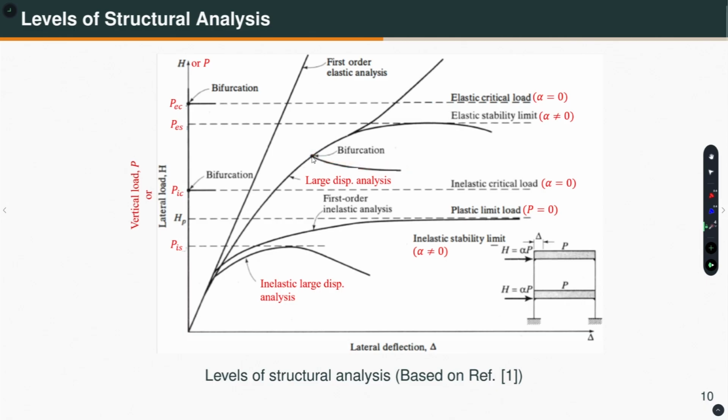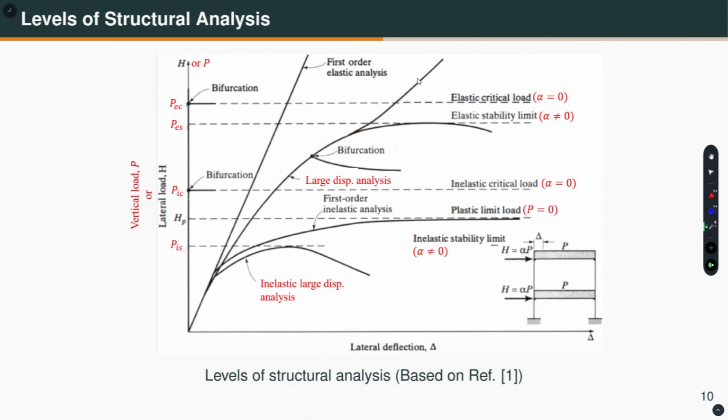Or it can go like that and reach an elastic stability limit, okay, where there is lateral force. So, alpha is not equal to 0, it can go to elastic stability limit. Then there are problems where it can stiffen, not in this case, or in this case also it may happen depending on several things, okay. So, it can stiffen, right.